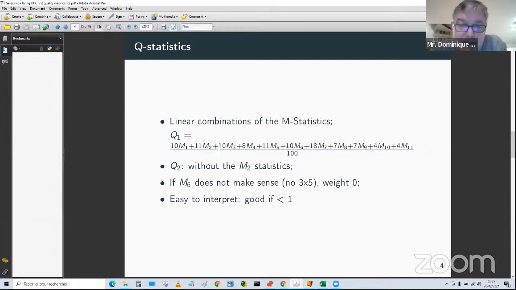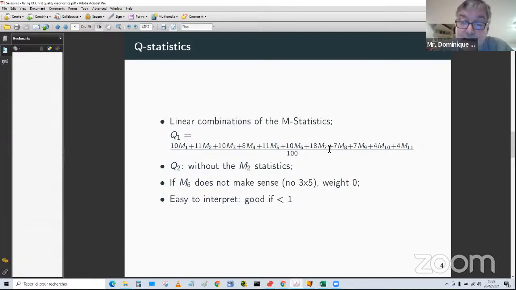And the weights, by the way, are an indication of the importance of the M statistic in your judgment. For example, the highest weight is for M7. You have 18, when the second one is 11. M7 is here to tell you whether you have a seasonal coefficient that you can estimate.